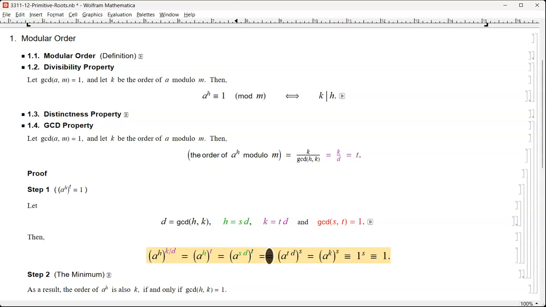This is basically A to the S times D times T, so you can change the order. Multiplication is commutative, so T times D first, and then to the S power. Reorder the multiplication. And then what is T times D? That's K.